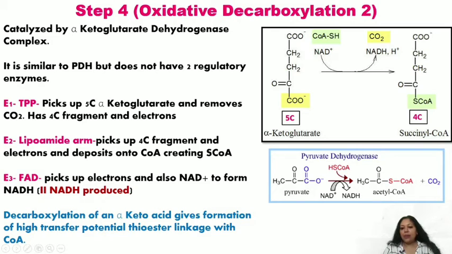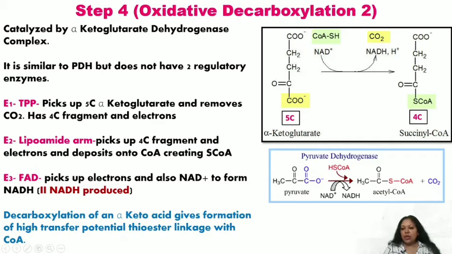Okay, it was pyruvate in PDH, and it is alpha ketoglutarate in the alpha ketoglutarate dehydrogenase reaction. NAD plus is used as a cofactor along with coenzyme A-SH, also cofactors here, and the resulting molecule is acetyl coenzyme A in the PDH, and it is succinyl coenzyme A with a released CO2, correct.